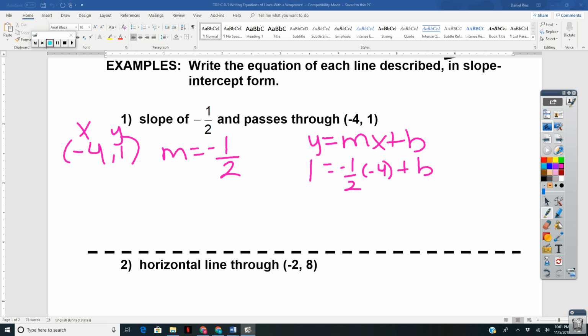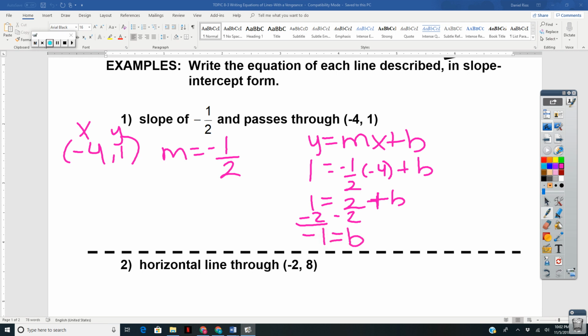You don't know what b is, you have to find b. Negative 1/2 times negative 4 gives you positive 2. Okay, and then I need to move that 2 to the other side, so minus 2, minus 2. So I have negative 1 equals b.